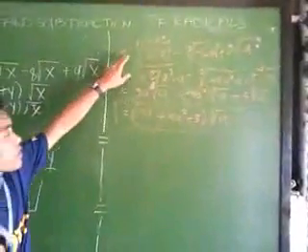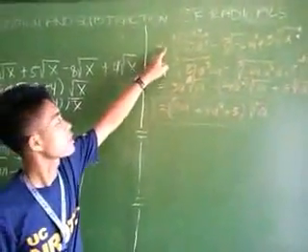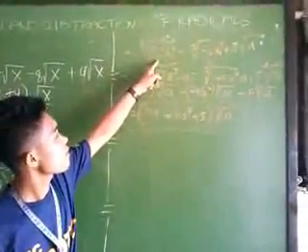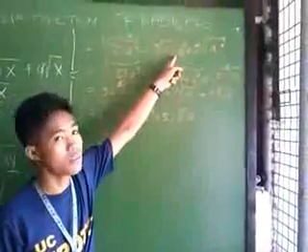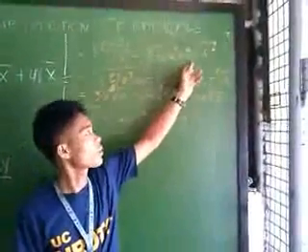Here is the solution of Mr. Santillan for the problem given. Cube root of 27a raised to the power of 4 minus cube root of negative 64a raised to the power of 7 plus 5 cube root of a.